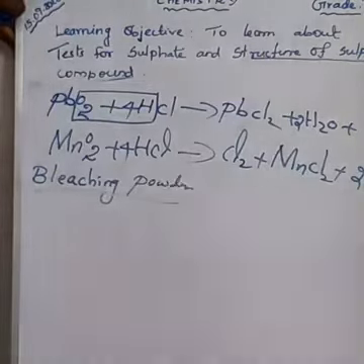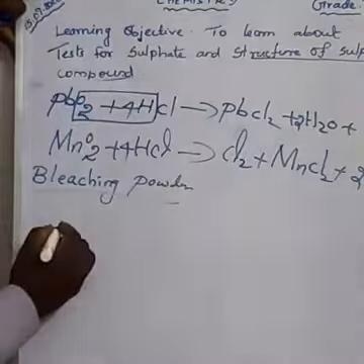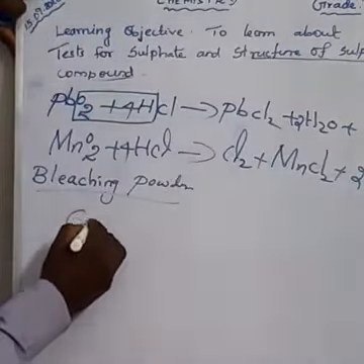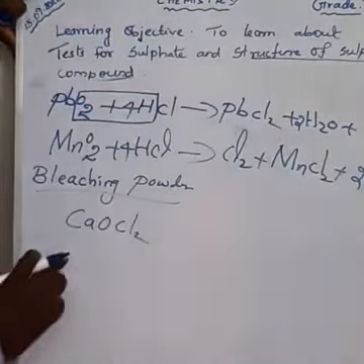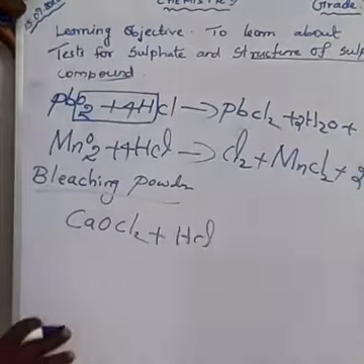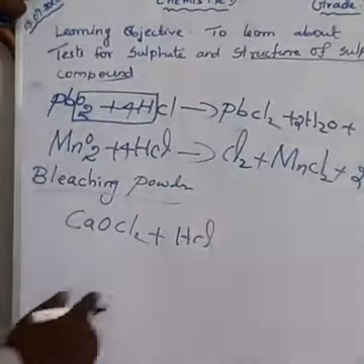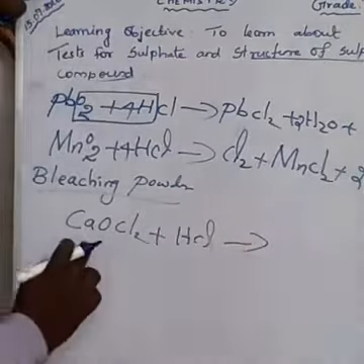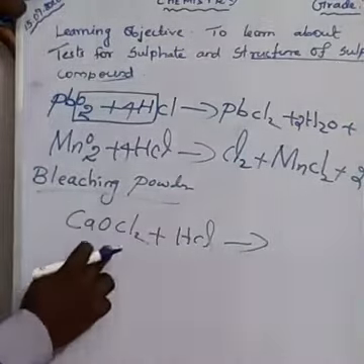The reaction between calcium oxychloride, CaOCl2, with hydrochloric acid, one of the mineral acids. Here the calcium combines with chlorine to form calcium chloride.